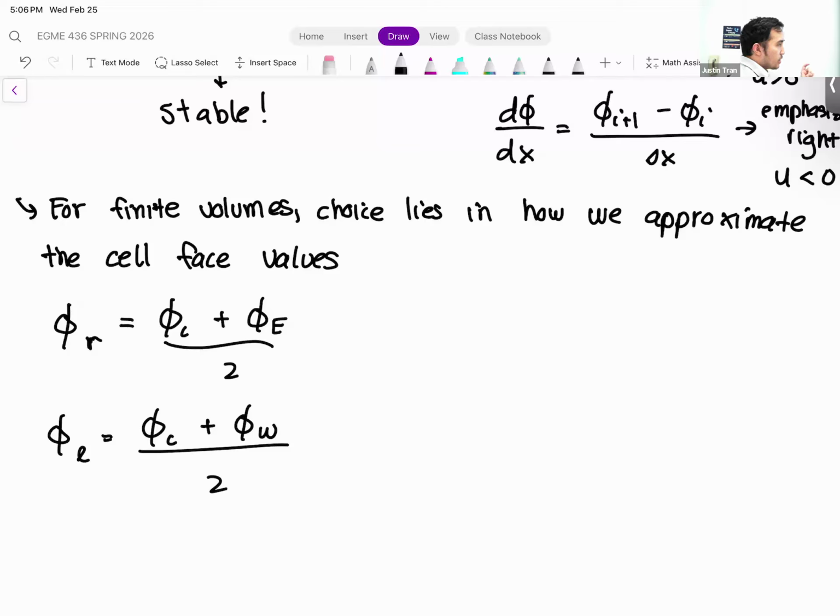So this decision to get the cell face values, we're just going to split the difference between the two. This is a central-like scheme.